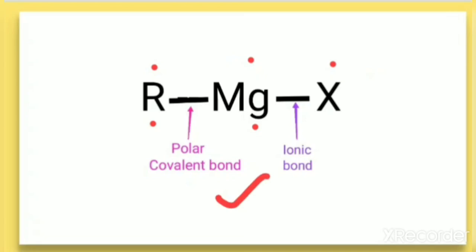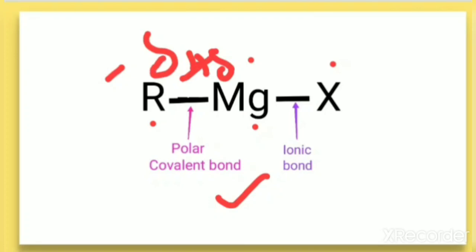It is a covalent bond, that means the bond is formed by the sharing of electrons between the carbon of the alkyl group and the magnesium. Because there is an electronegativity difference here, magnesium is more electropositive, so it develops a partial positive charge, and the alkyl group, that is carbon here, develops a partial negative charge.